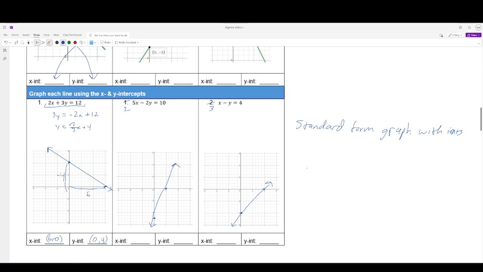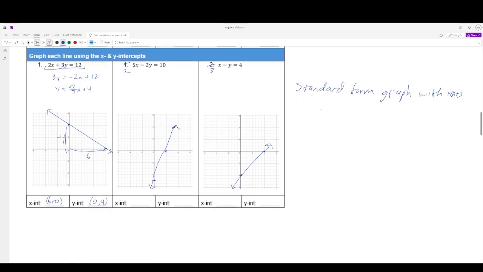We just have to be given that form, and then we can... I'm going to try to write a diagram of this. So if we are given standard form, we have 2 options. We can turn it into slope-intercept, or we can turn it into a graph, graphing it by its intercepts.